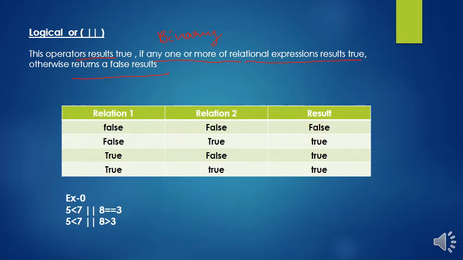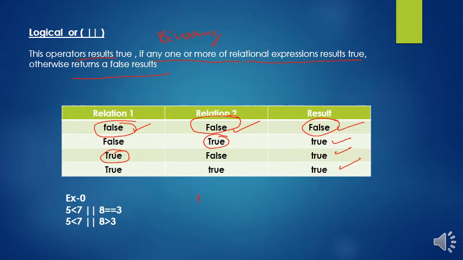So if relation 1 is false and relation 2 is false, then it will result false. If any relation is true, then it will give the result true. It gives the result false only if both relations give the result false. Otherwise it will give the result true.